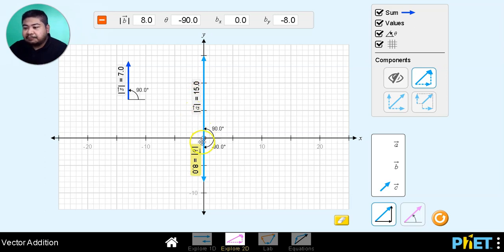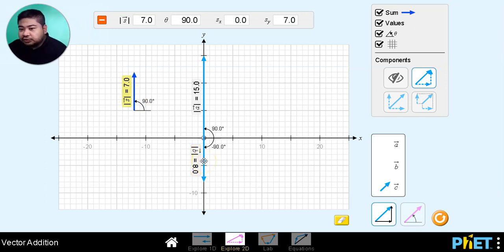So 15 plus negative 8, you get 7, and the vector is pointing upwards. The direction of the resultant vector is 90 degrees to the horizontal, as you can see here, or you can describe it as a resultant vector that is pointing to the positive y-axis.